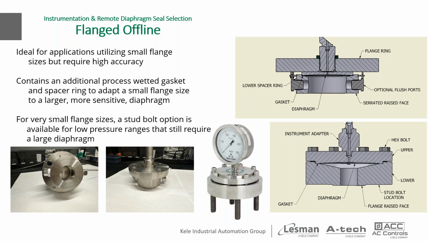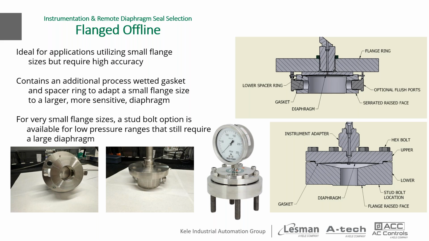And as a matter of fact, with these sizes, whether it is a 1/2-inch connection or a 2-inch connection, we can use even the largest diaphragm size, which is 4.1 inches. They contain an additional process wetted gasket at the lower and a spacer ring to adapt a small flange size to a larger, more sensitive diaphragm.